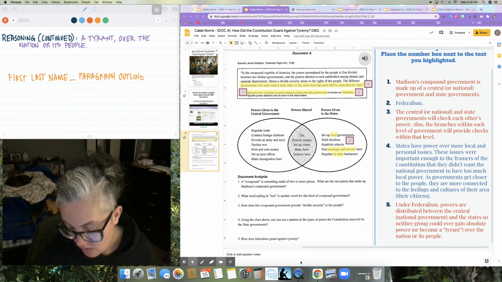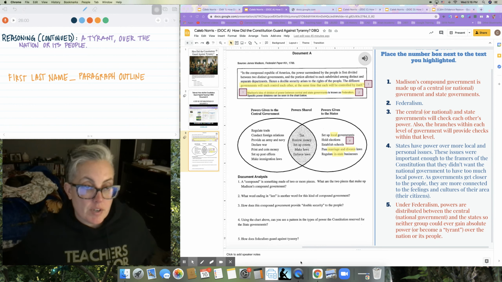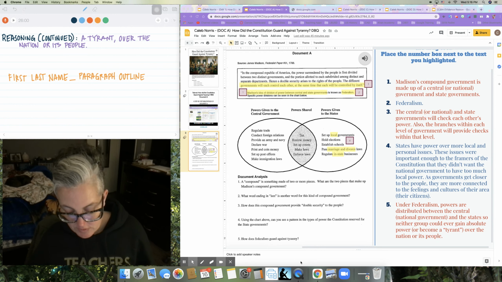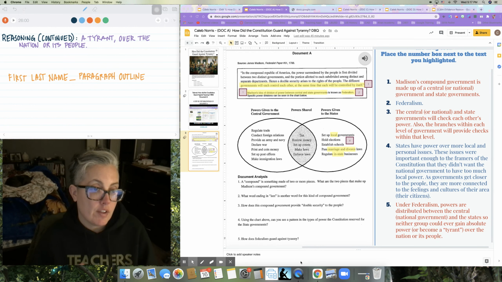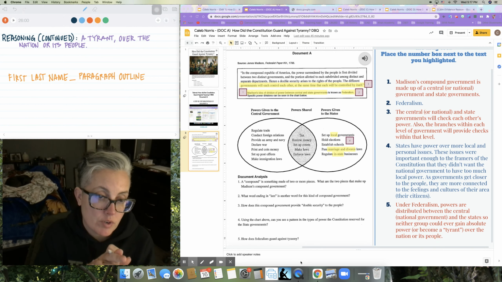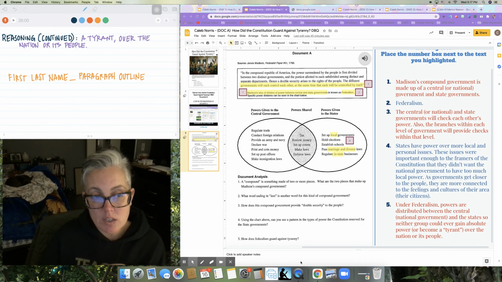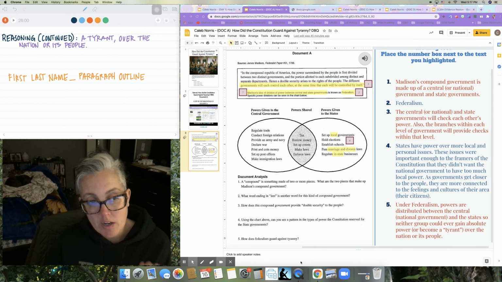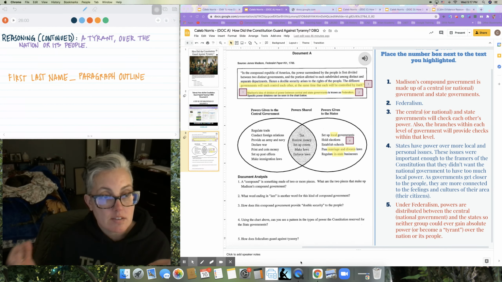So you're going to go ahead and take a picture of this, save it as your first and last name, paragraph outline, and then you can stop this tutorial, and then I'm going to show you in the next one how to put it all together into a paragraph that we are going to write and then type. Okay.